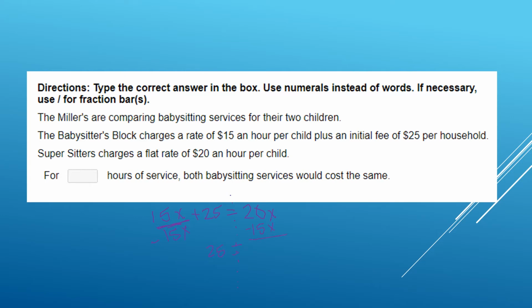So 20 minus 15 gives me 5x. Then I've got 5x equals 25. So to undo the 5 that's multiplied by x, I need to divide. So 25 divided by 5 is 5. So this tells me for 5 hours of service, both babysitting services would cost the same.